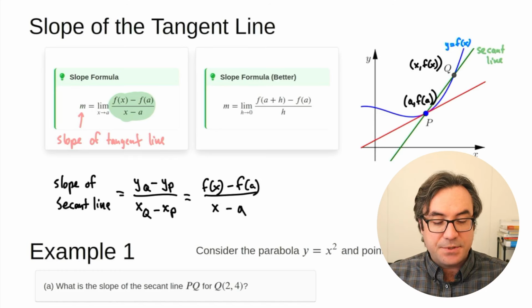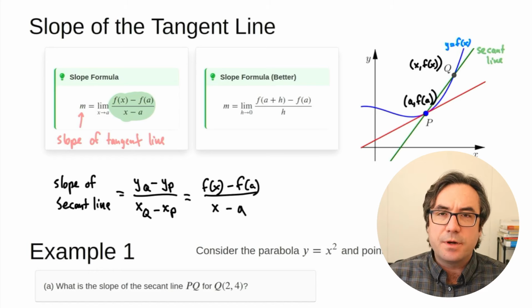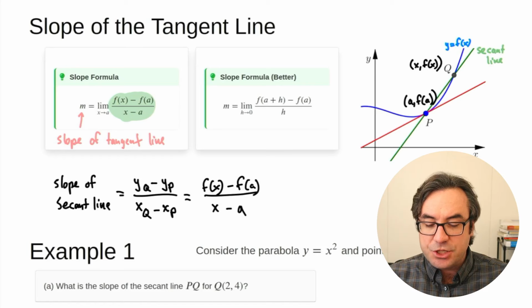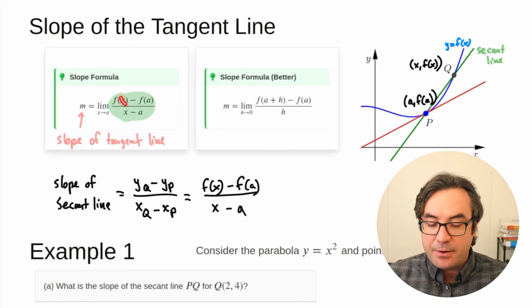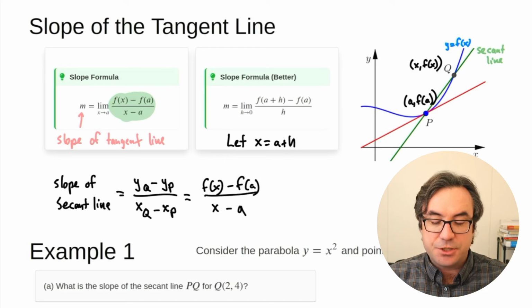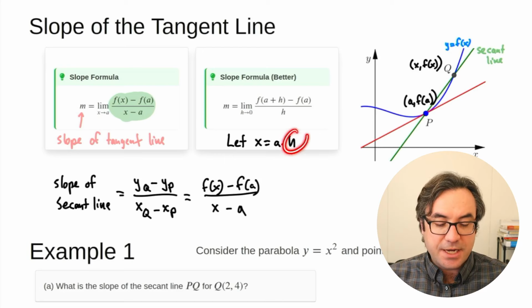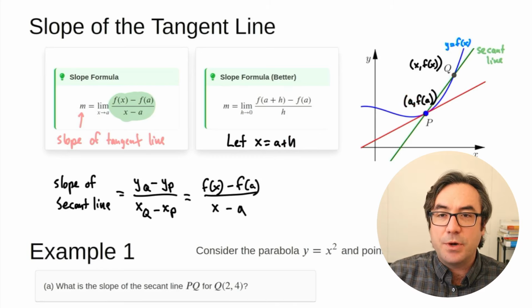Now sometimes, and we'll look at this more in class, it's easier if we do a slight change of variables, and rather than talking about x, we're going to let x equal a plus h. So h is how far point Q is along the x-axis.